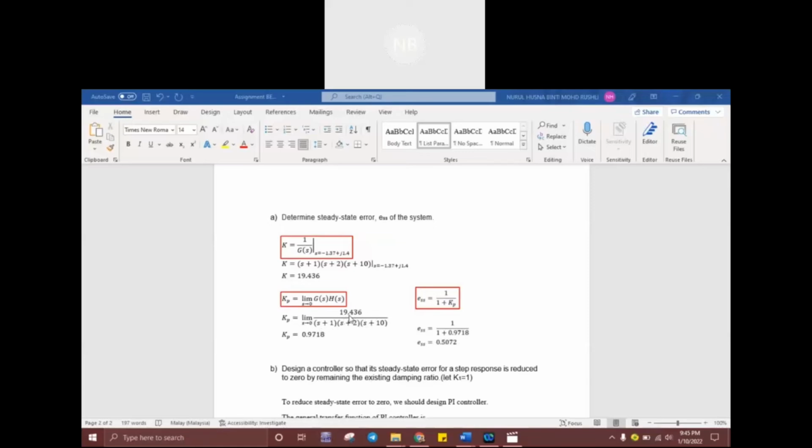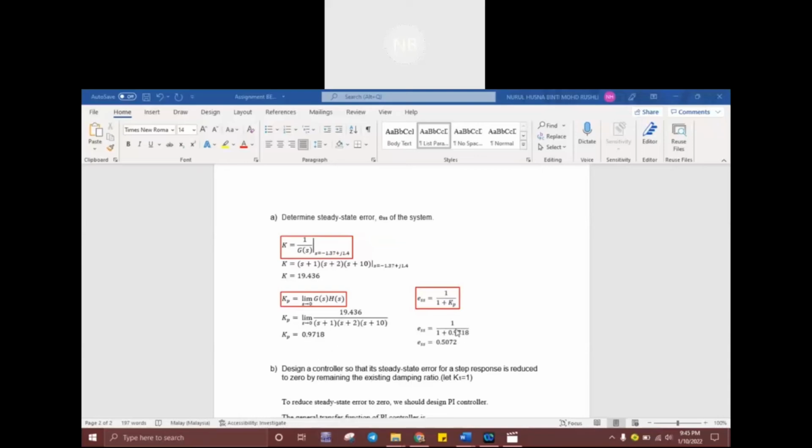To find Kp, we need to find the limit as s goes to 0 of G(s)H(s), and we put the K value, 19.436, and divide it with s plus 1, s plus 2, and s plus 10, where we substitute the s value with 0. So we get Kp equal to 0.9718.